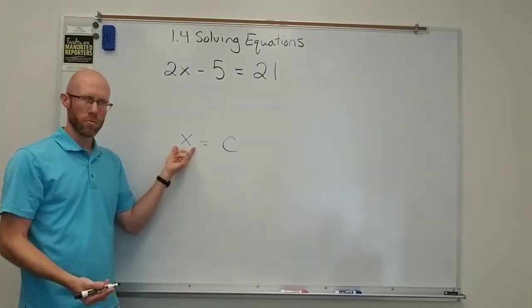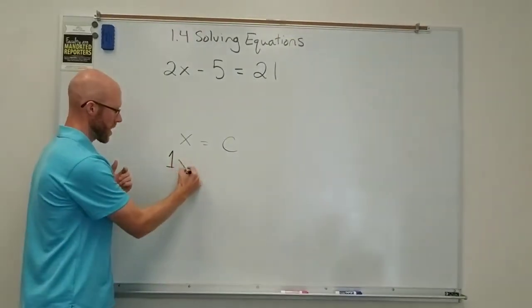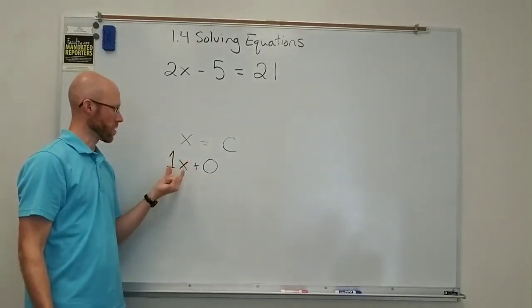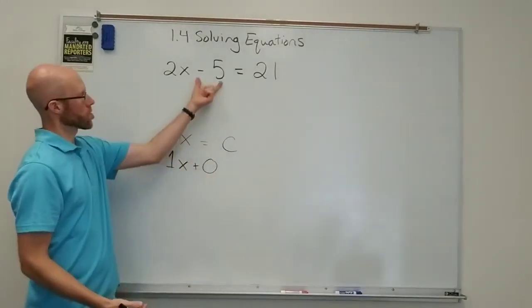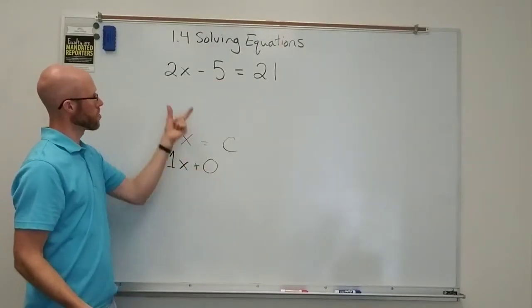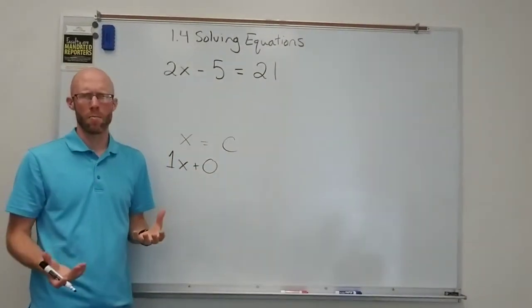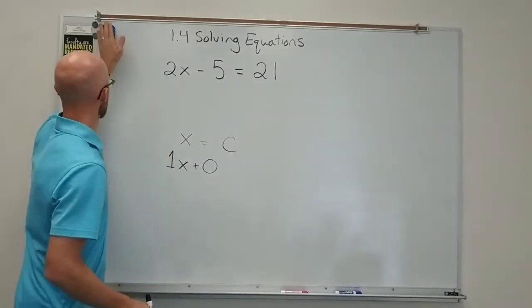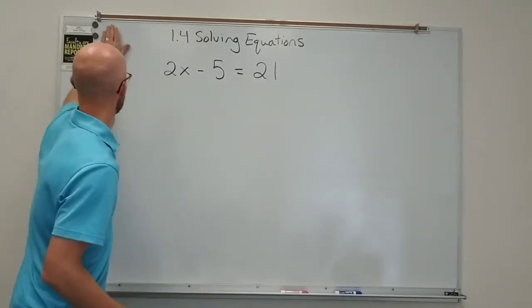That variable is really the same as 1 times the variable plus 0. So x is really 1x plus 0. So I want to change the minus 5 to a 0, change the 2 to a 1 somehow that makes sense mathematically, okay? And so that's our goal.